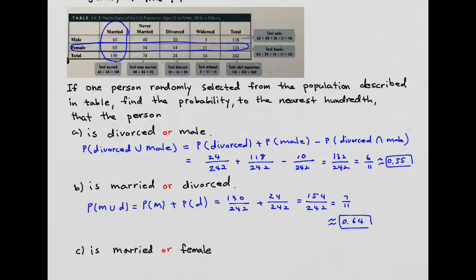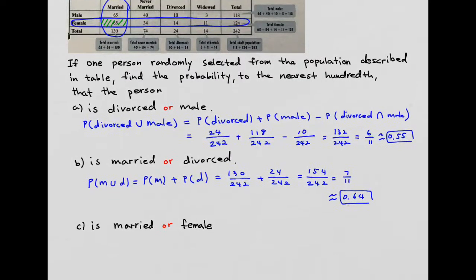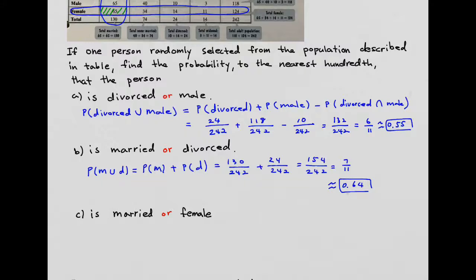So this is not an independent event. Why? They have overlapping area. So when you're writing down, you need to make sure you subtract the "and" part, right? The overlapping part.